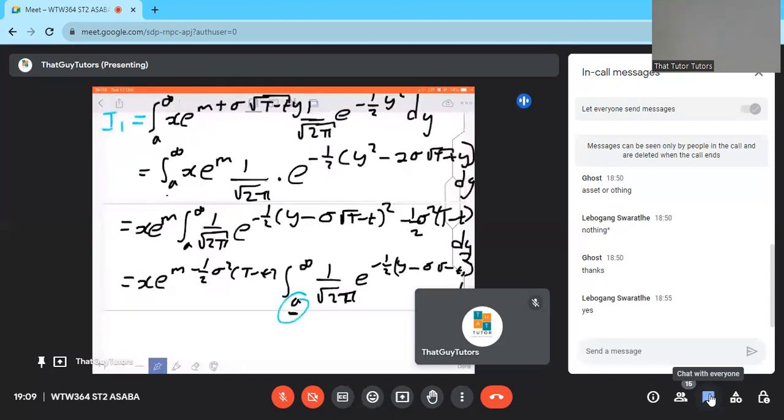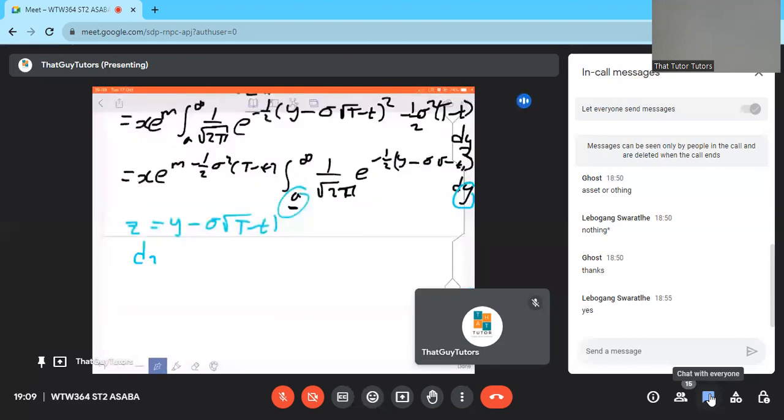So your y is going to be minus sigma square root of T minus t. So you can just let this be equal to z, and then you're going to differentiate with respect to z. So dz is going to be equal to dy.